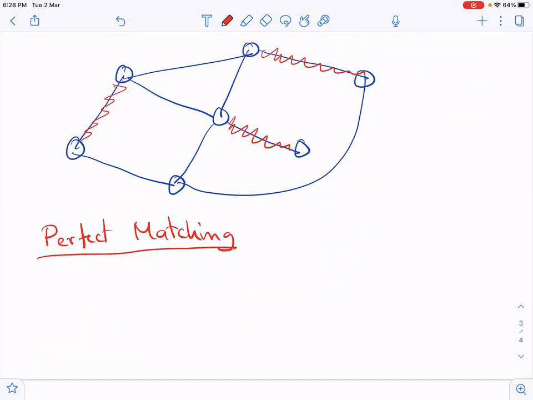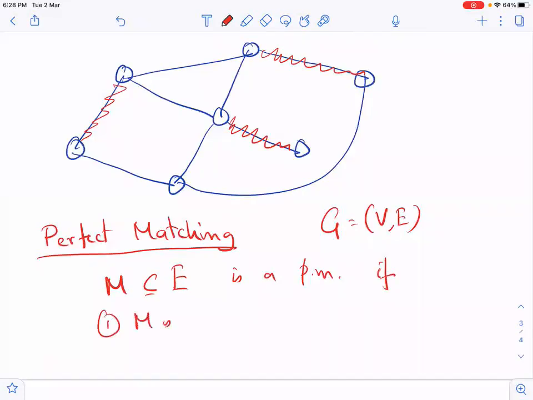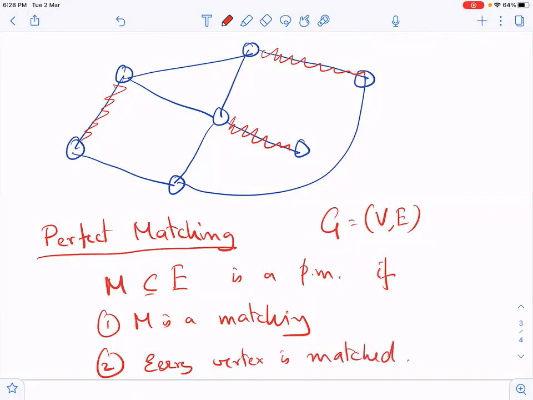So a perfect matching: I have a graph G, and M is a perfect matching if, first of all, M is a matching, and every vertex is matched. Or in other words, every vertex has a corresponding vertex with which that edge is in the matching.